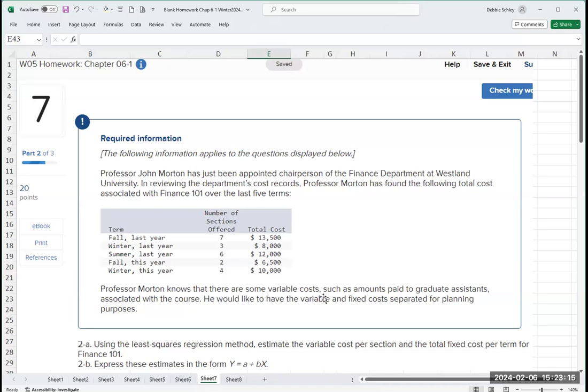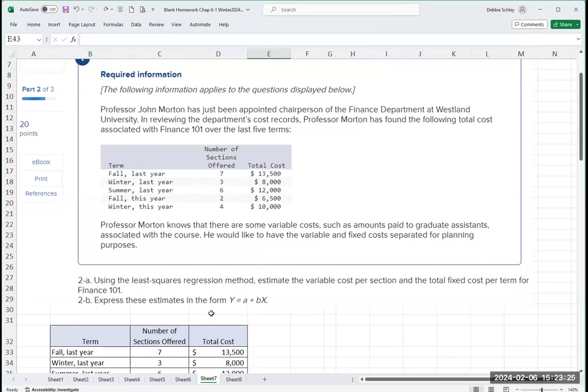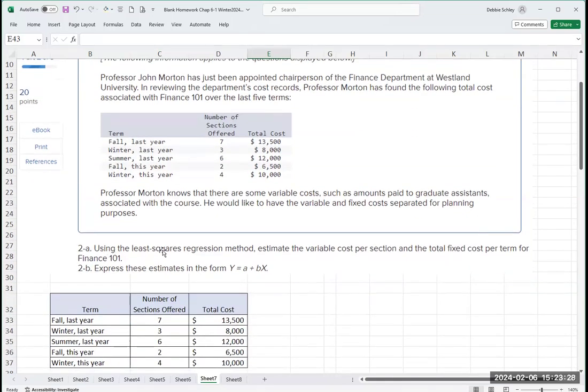Professor Morton knows that there are some variable costs, such as amounts paid to graduate assistants associated with the course. He would like to have the variable and fixed costs separated for planning purposes. So, using the least squares regression method, estimate the variable cost per section and the total fixed cost per term for Finance 101 and express these estimates in the form of y equals a plus bx.